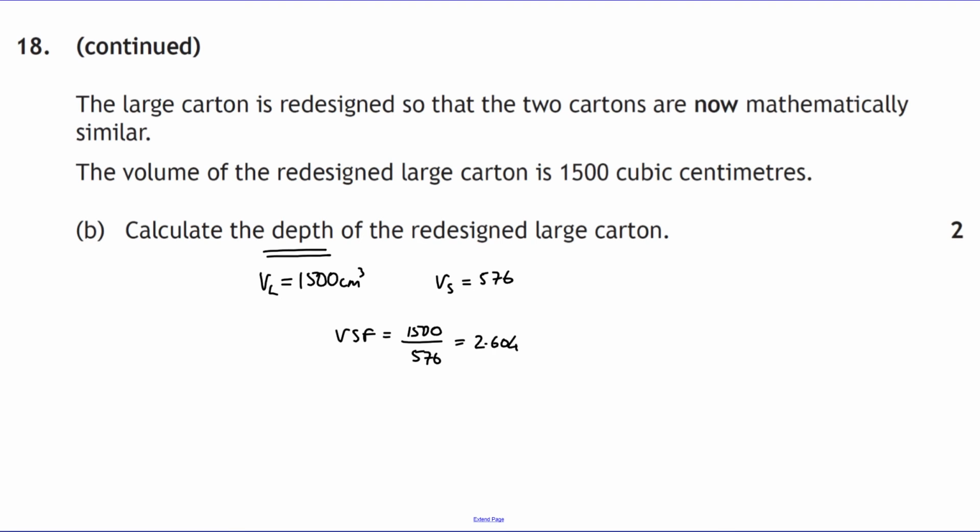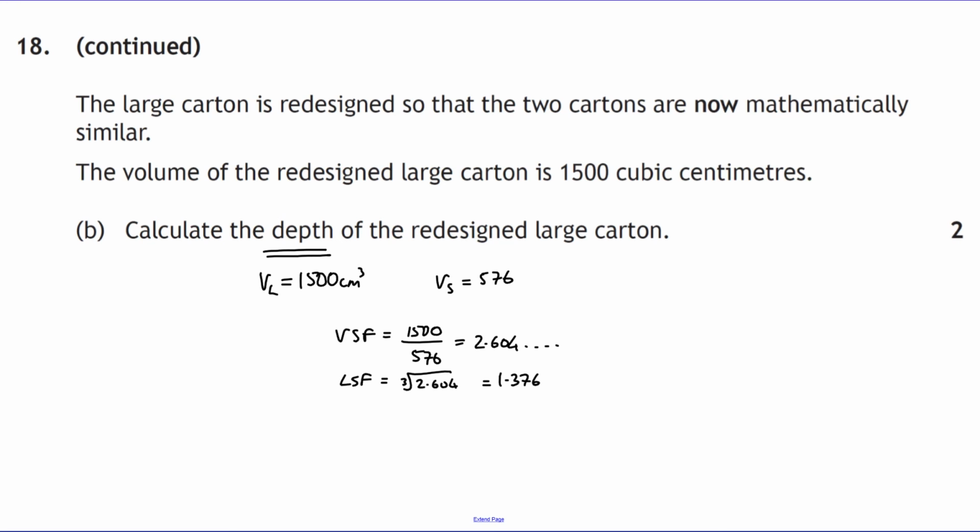Keep the answer in the calculator because it's rounded. We then find the length scale factor, which is the cube root of 2.604, the answer you just had in your calculator. That should give us 1.376.